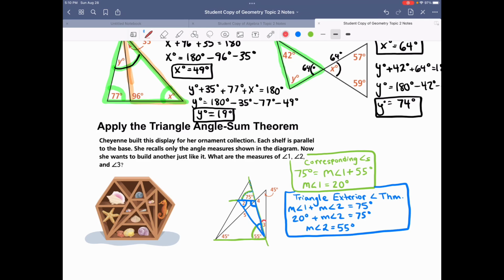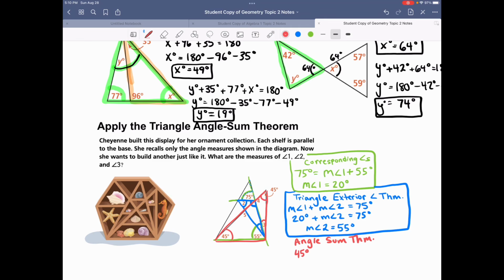And we will use the angle sum theorem for that. We'll actually take this big triangle right here. And we have 45 degrees in this angle up here.